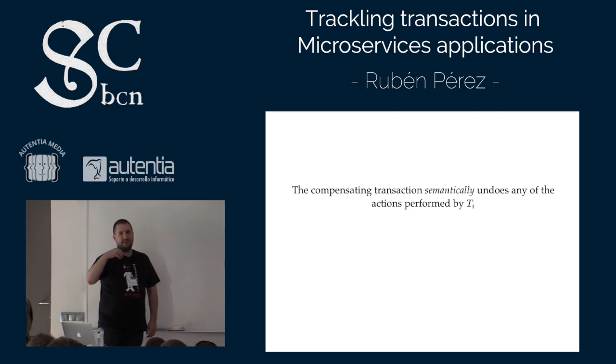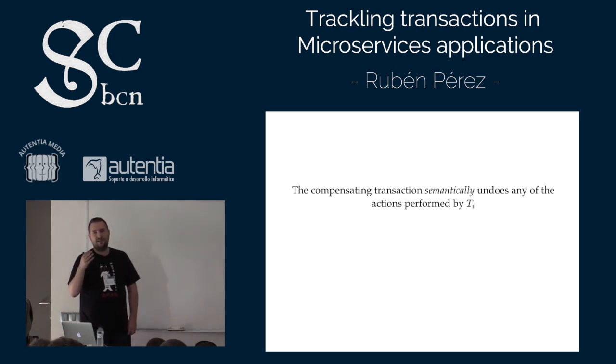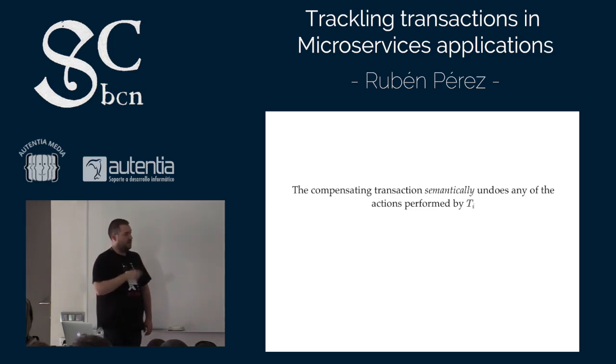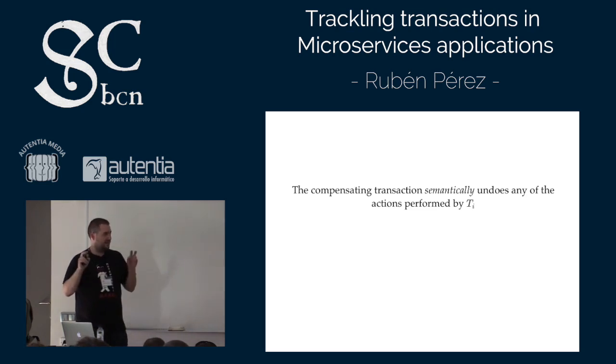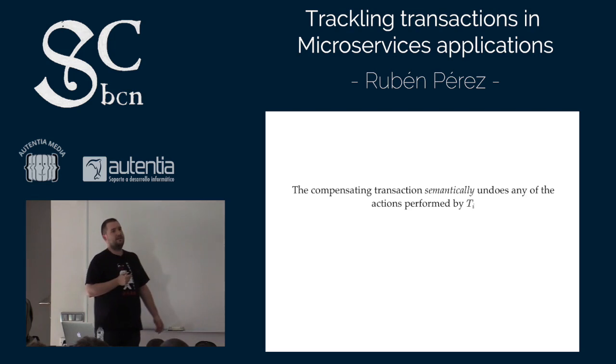The state will be semantically equivalent, because you will still have the same amount of money, but you will see the two steps there. Another example would be if one of our steps sends an email. You cannot unsend an email, so you may end up with a compensating action that is just a follow-up email explaining the situation.